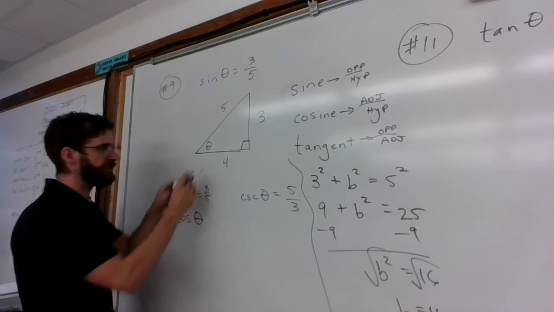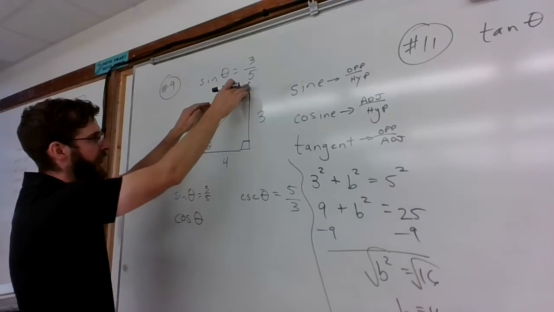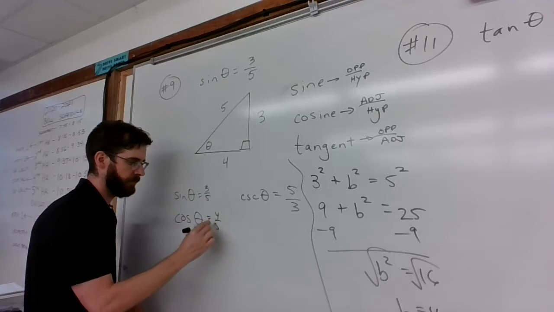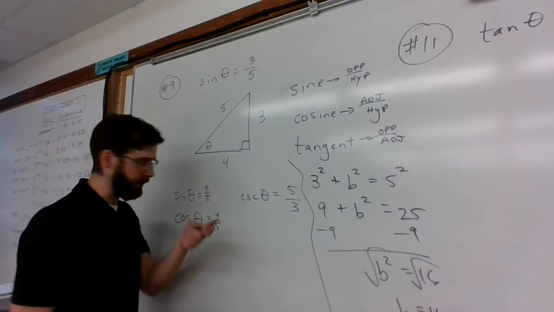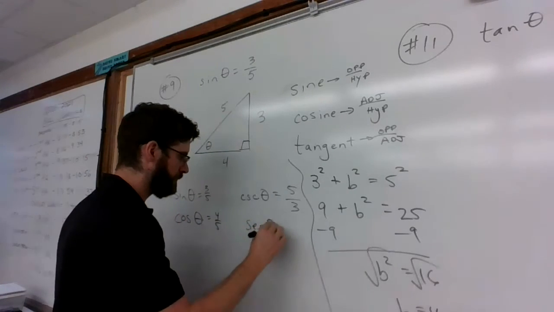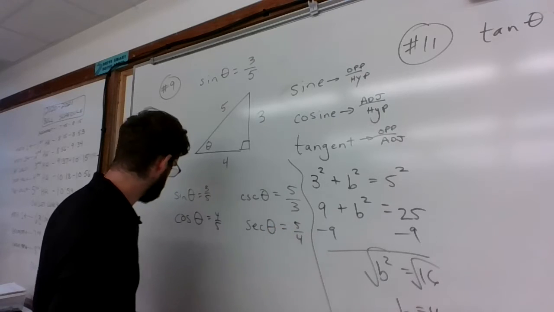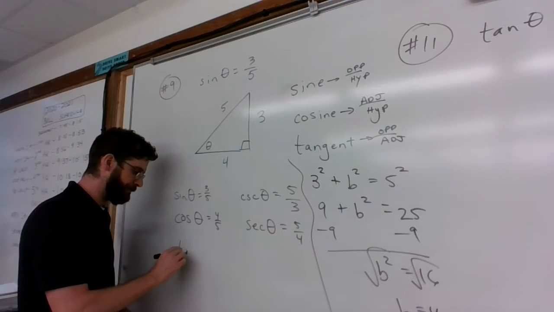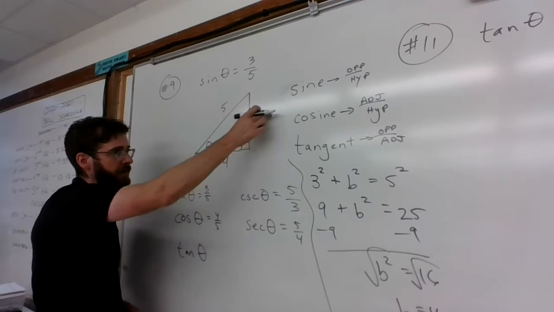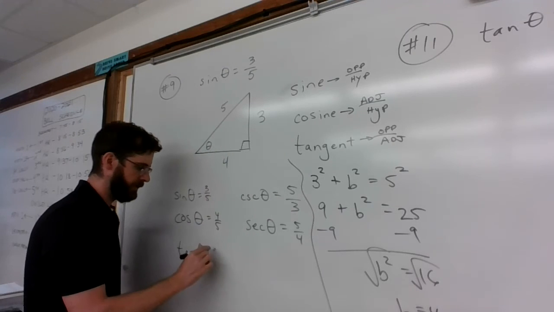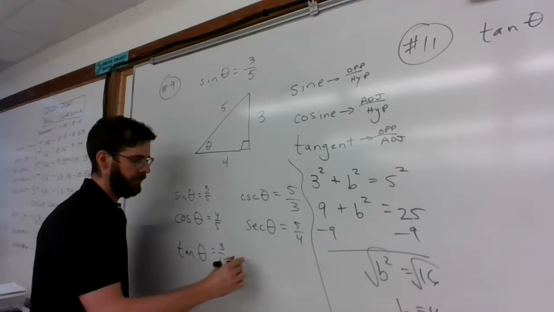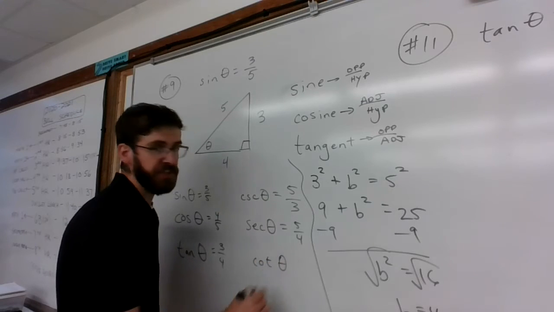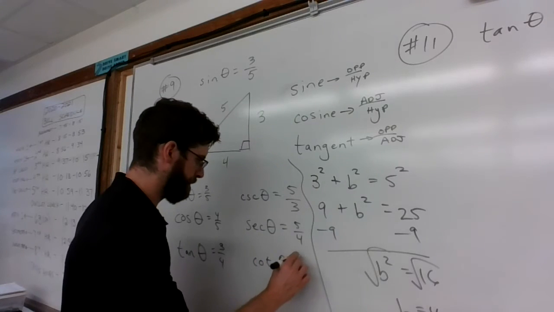Cosine is going to be adjacent over hypotenuse, which is 4/5. Its reciprocal is secant. Tangent is opposite over adjacent to that theta. And cotangent is just the reciprocal of that.